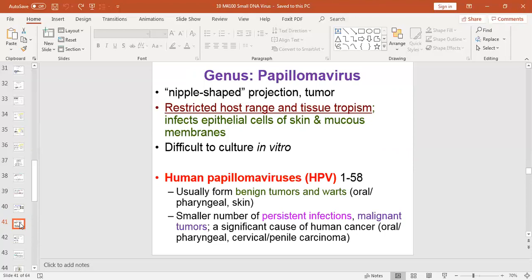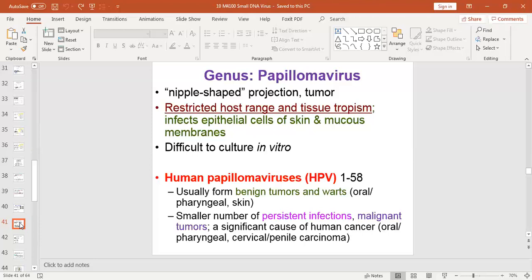It infects epithelial cells of skin and mucous membranes. However, it's a very difficult virus to grow and culture in vitro. One of the viruses in this family is called human papillomavirus, HPV, with 58 different serotypes of it.